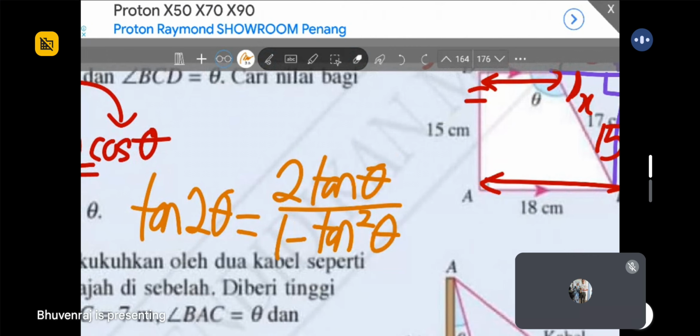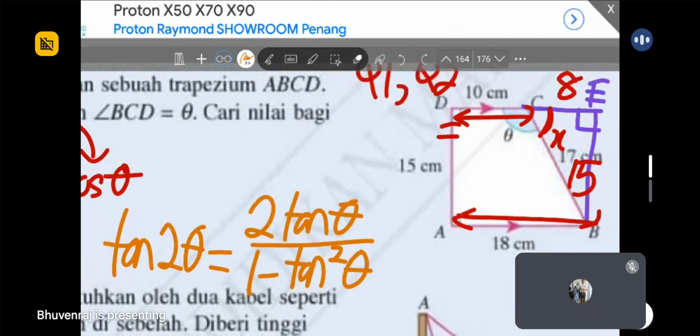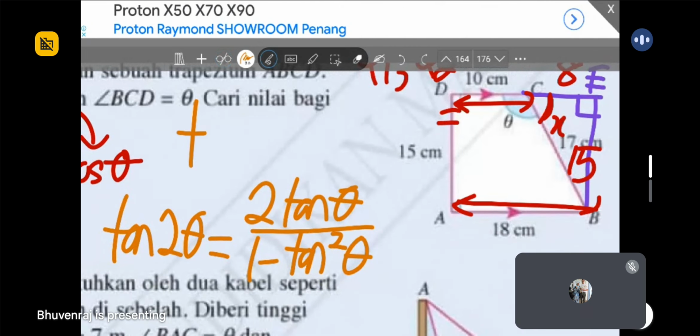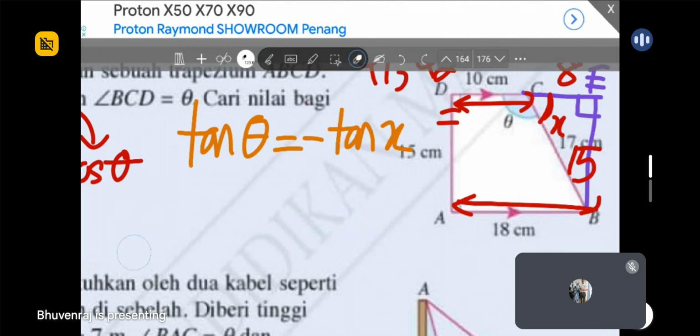So confirm, you need to find tangent theta. So tangent, sukuan kedua, positive or negative? Quadrant 2. Negative, right? Yes. So negative tangent x. So tangent x, opposite over adjacent. Bertentangan bahagi bersebelahan. So it's negative 15 over 8.